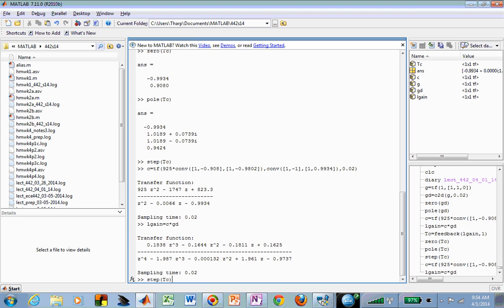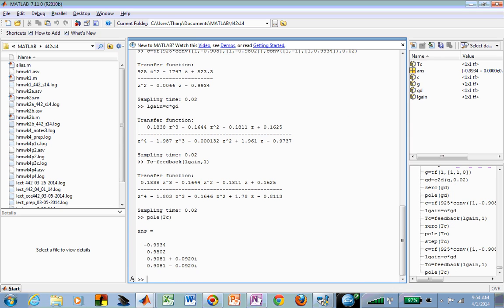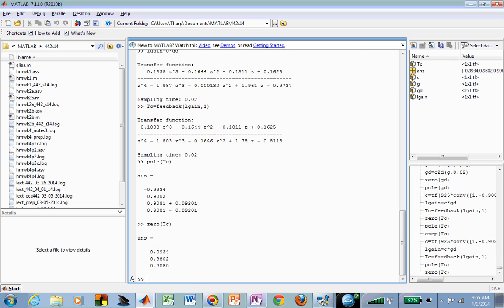Now let me create my transfer function with the proper forward gain in my system, and I can now look at the poles of that system, and those are looking pretty good, because if I look now at the zeros, MATLAB actually didn't explicitly cancel some of those zeros and poles in T sub C of Z, but if you do that, then you end up with the appropriate poles and zeros that we need.